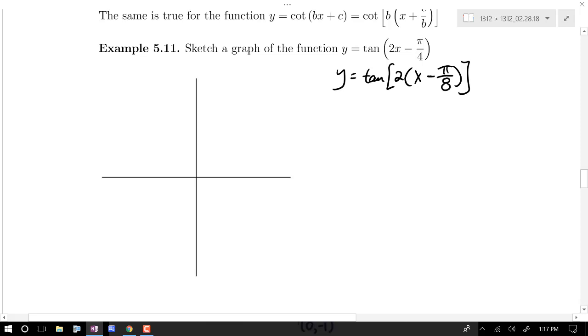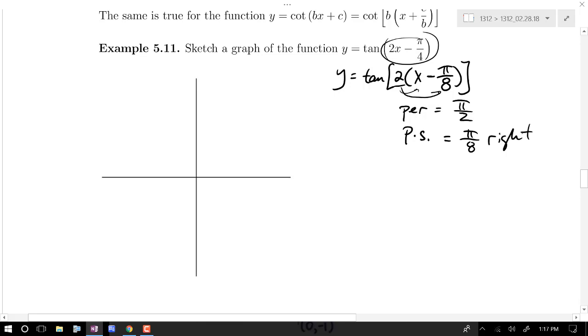You can always check to see if you've done it right, because if you distribute this back in, you should recover what you started with inside the parentheses. So this tells us the period is pi over 2, and the phase shift is pi over 8 in which direction? Right, to the right.